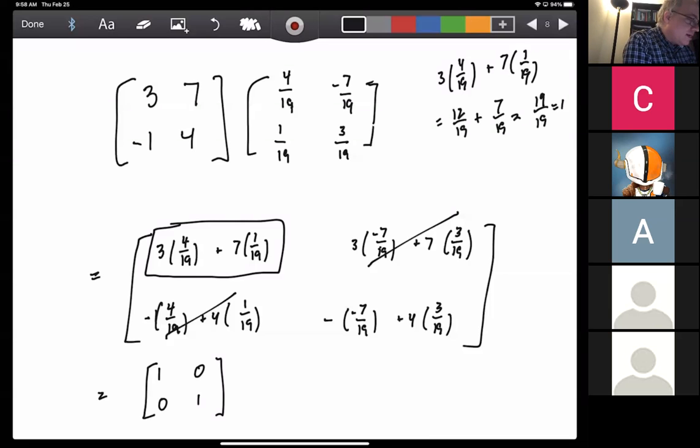Okay, thank you. So is it clear where that 3 times 4/19 plus 7 times 1/19 is coming from? We go across the row, down the column, using the first row, first column for the 1, 1 entry, and so forth. Is that clear?